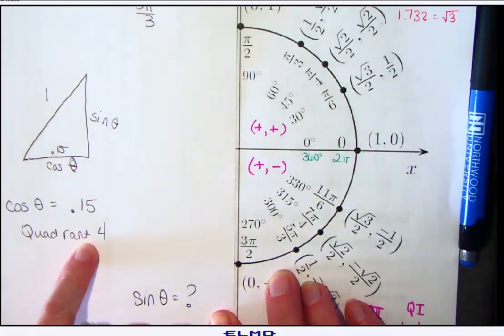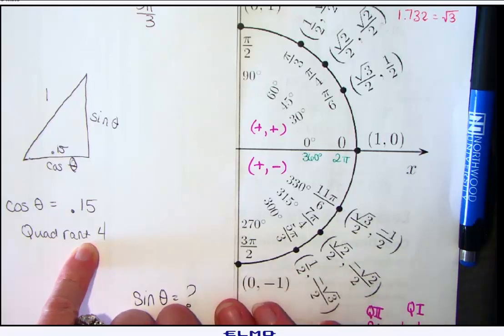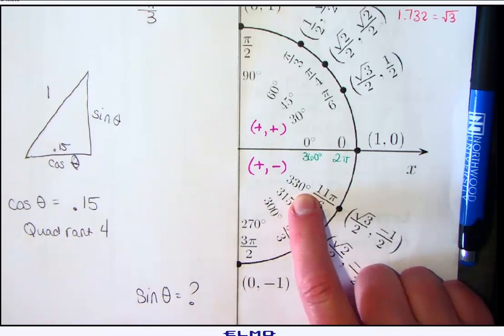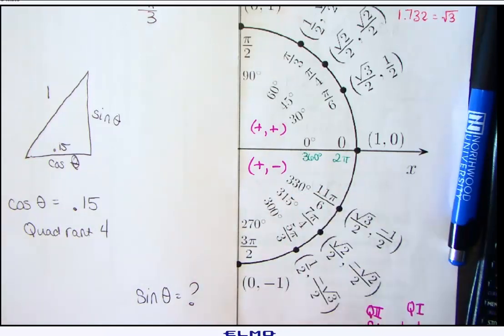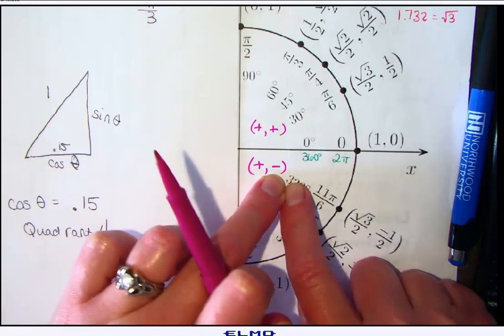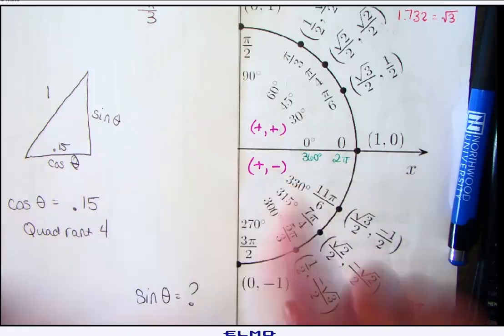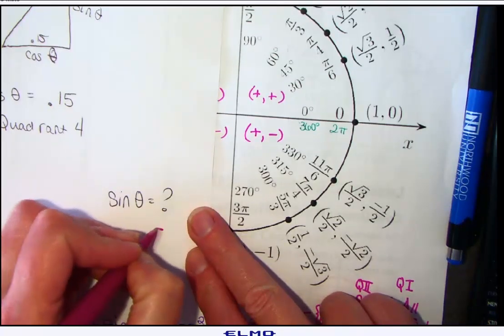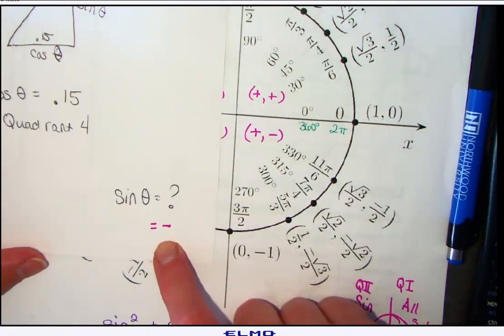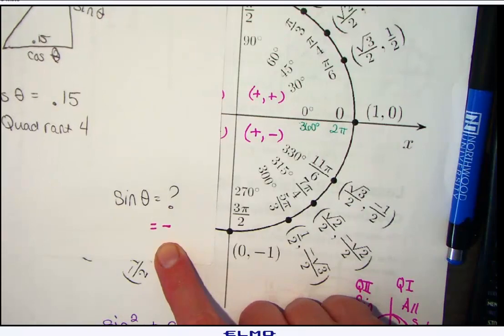It actually even tells me that it's in quadrant 4, so I'm even going to look down here. Now I have to know that because that tells me that while my cosine is positive, my sine value is negative. So I'm going to start by just knowing that my sine is a negative value. We'll see why that's going to come up in a moment.